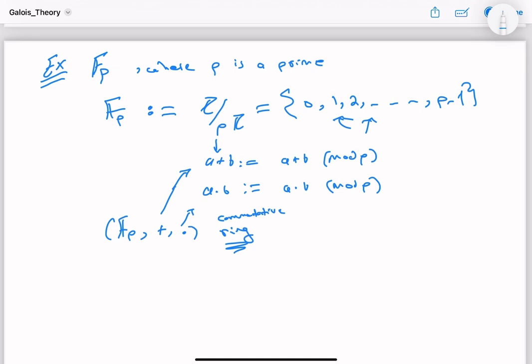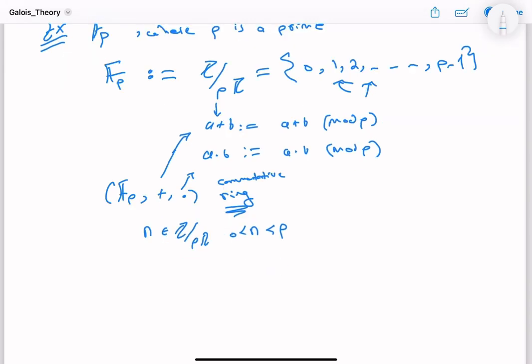Well, let's take any element n in Z mod pZ, right? So n is between 0 and p. Since we're interested in multiplicative inverses, we'll be looking at Z mod pZ take away 0, so elements that are non-zero. So n is strictly between 0 and p, right? So why does an inverse exist for such an element?